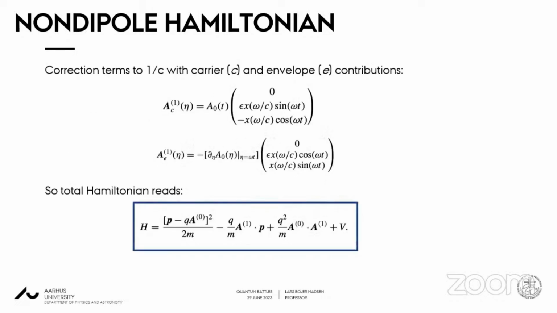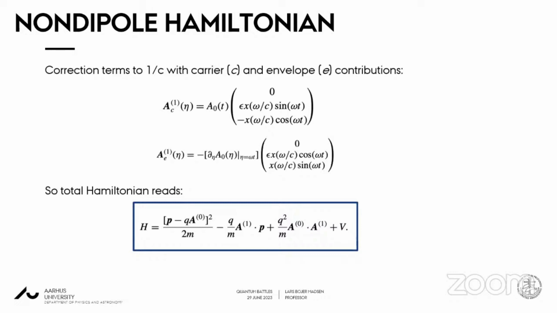So the carrier contribution would have exactly this dependence on the coordinate in the laser propagation direction. And here is the total Hamiltonian. You have the dipole coupling terms, you have the Coulomb or whatever potential for the electron with the ion, and then you have two correction terms to first order in the correction to the dipole vector potential.